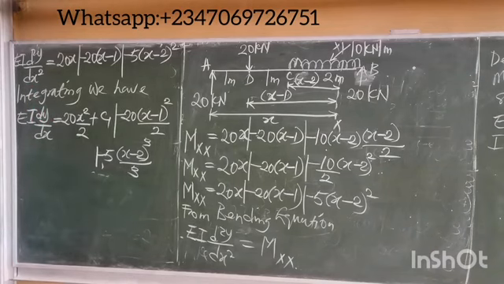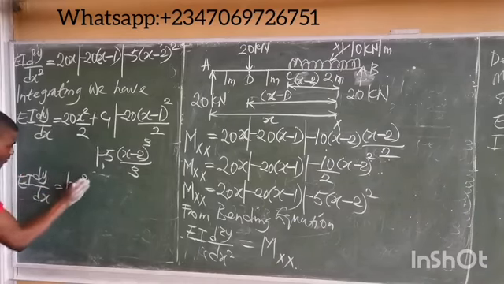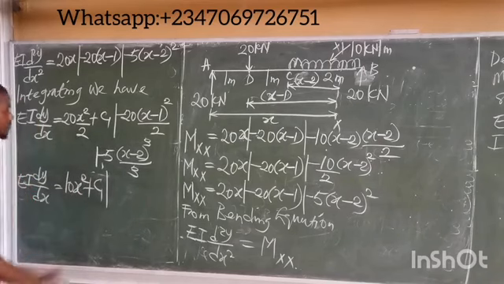Okay, so rearranging this equation, we are simply going to have EI dy dx to be equal to, so I will simply have here 20 can divide 2 here. That simply gives me 10x squared plus C1, Macaulay's bracket.